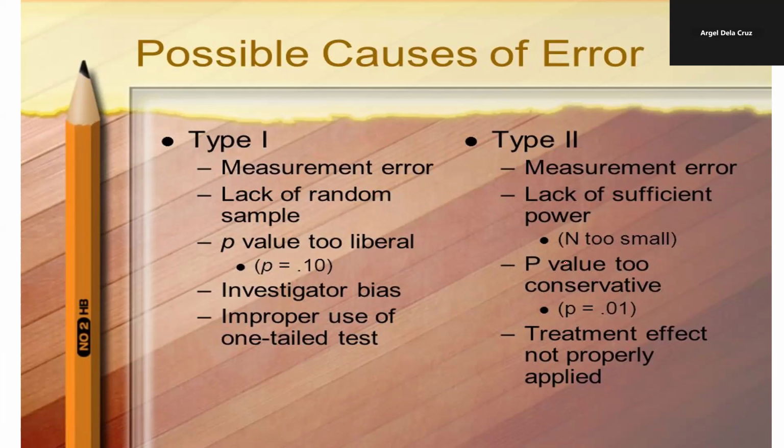Okay. Now, next is, of course, the lack of sufficient number. Okay. So the population is too small. So the sample size also affects the type 2 error. Too small a sample size leads to a problem, because if the sample size is too small, we cannot predict or we cannot represent the total population.